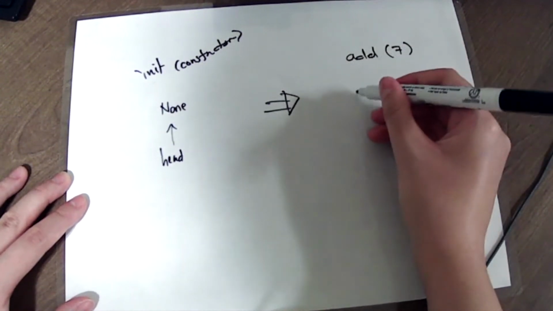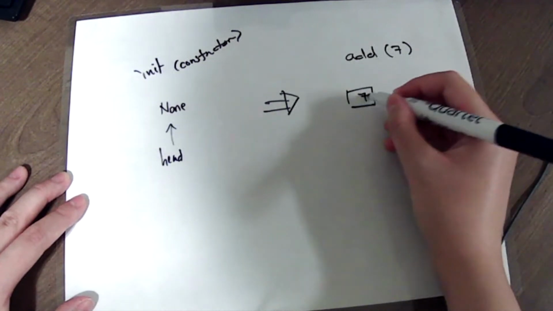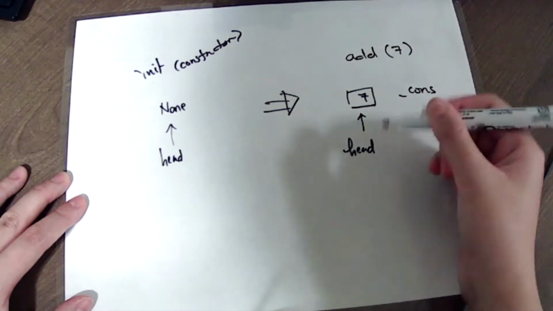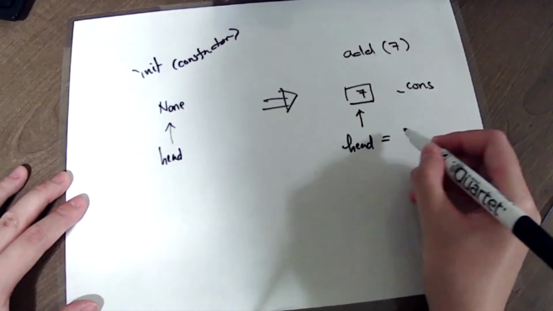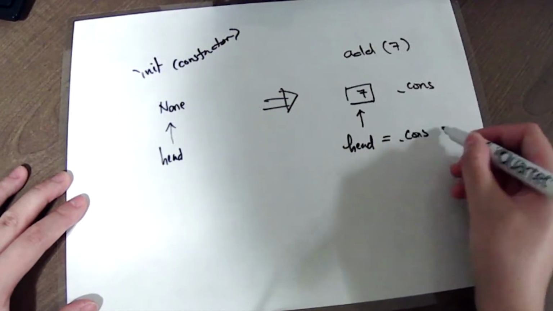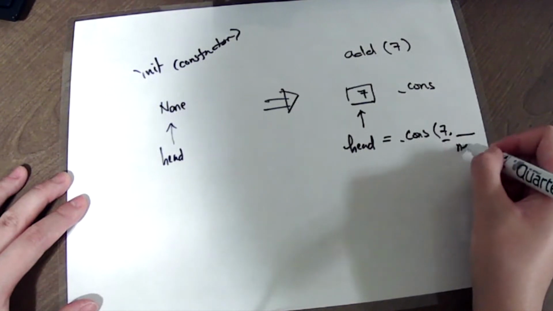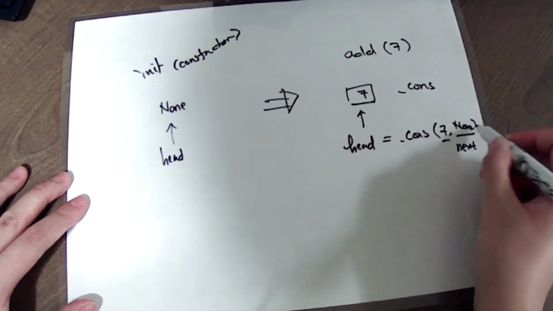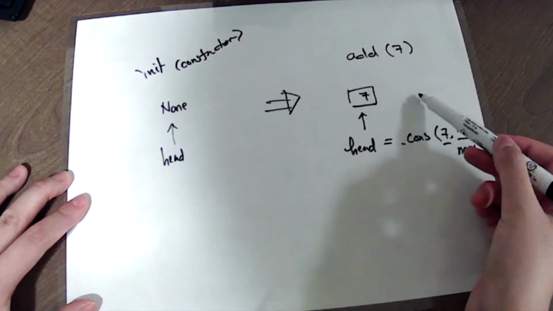What happened is that I create a new cons with 7, and I update the head from None to an actual node. So head equals cons with 7, and this is the data field, this is the next field, right? What you need to put in next is None, because currently head is not pointing to anything at the end.